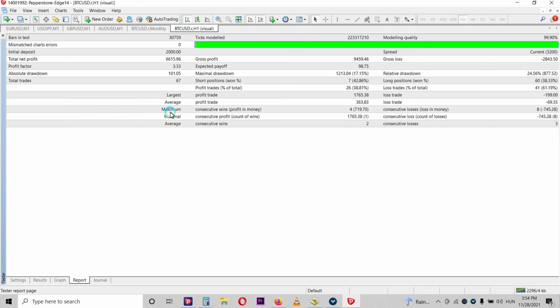So the average profit trade was much larger than our average loss trade. That is great. That's what we are looking for, because most people buy, then grab the money and run, and after that they open new buy trades.